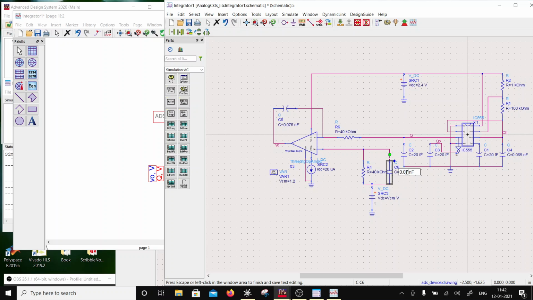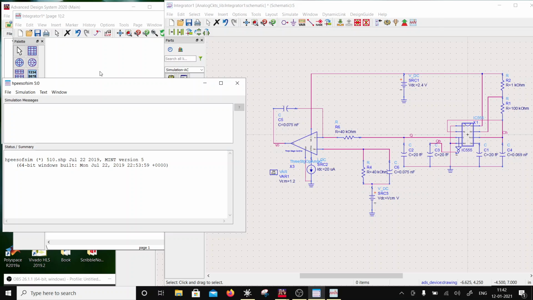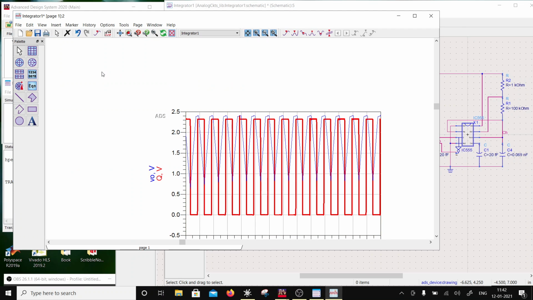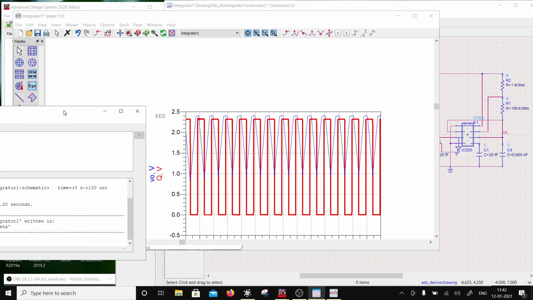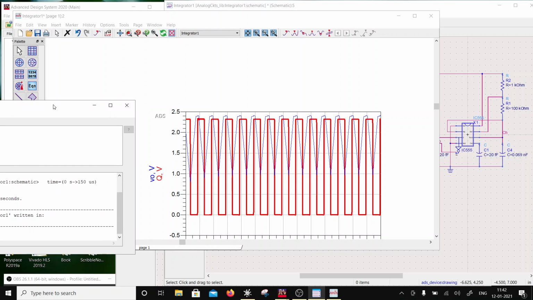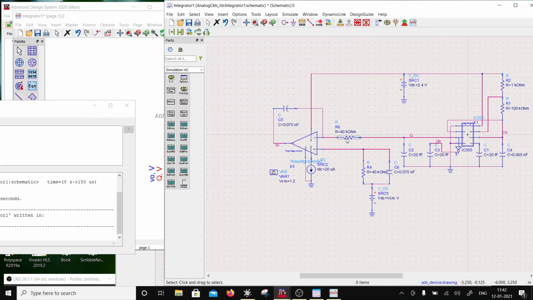Let's see this again. Basically I have the RC time constant, and that corner frequency is kind of messed up.